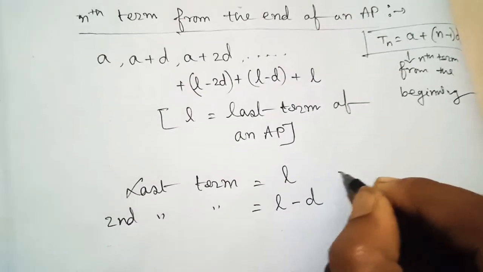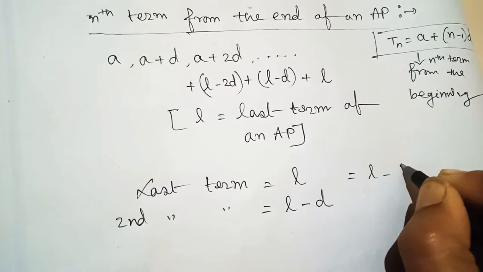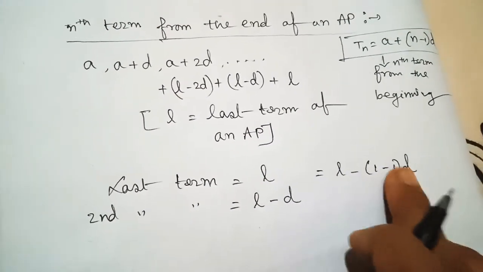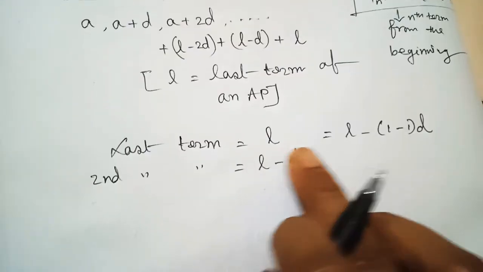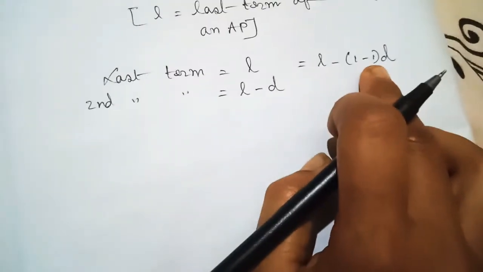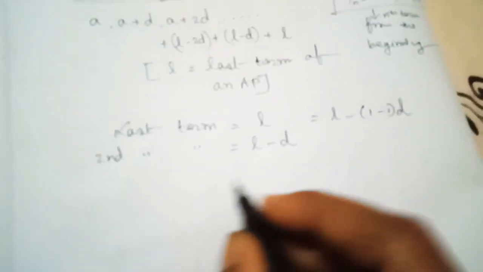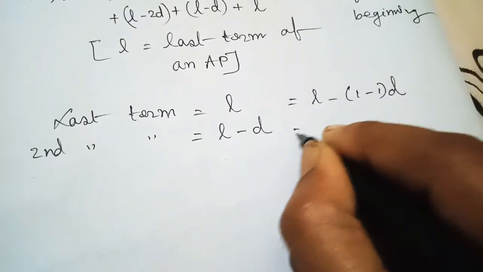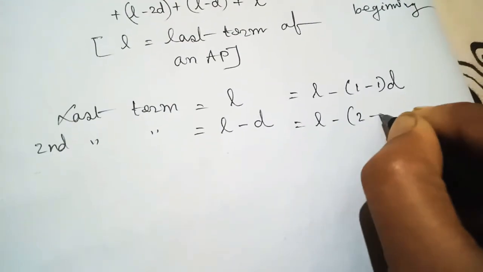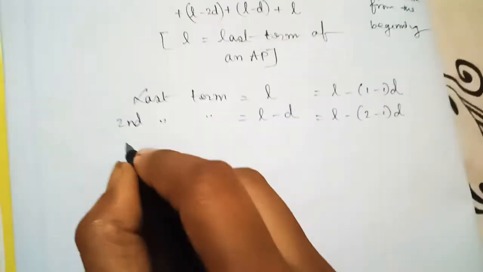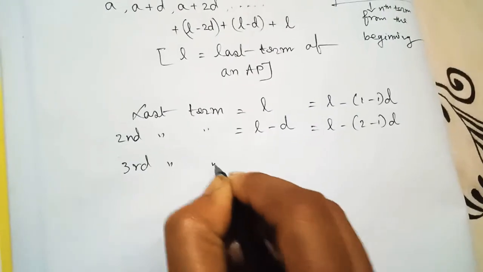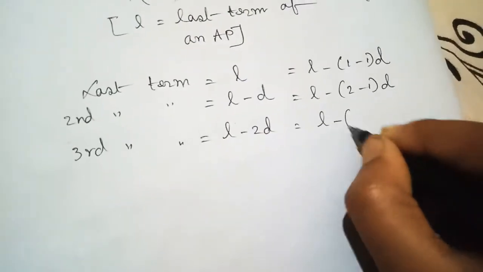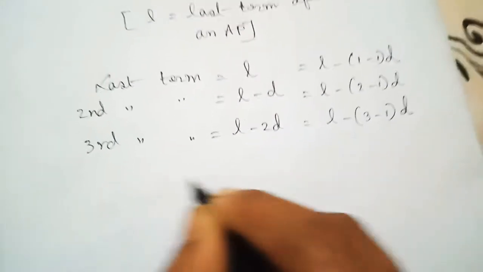First one I am writing like L minus (1 minus 1) into d, because L minus 0d is ultimately L. The second last term, L minus d, can be written like L minus (2 minus 1) into d. The third last term can be written as L minus 2d, so L minus (3 minus 1) into d.